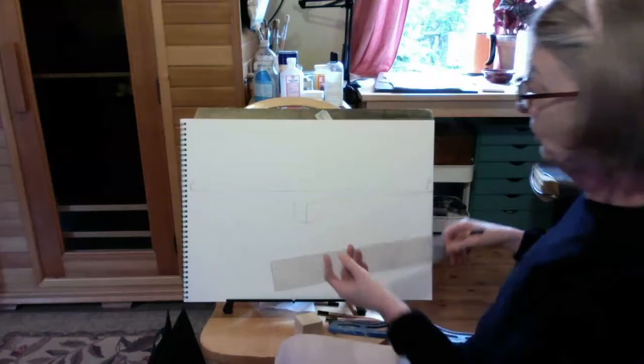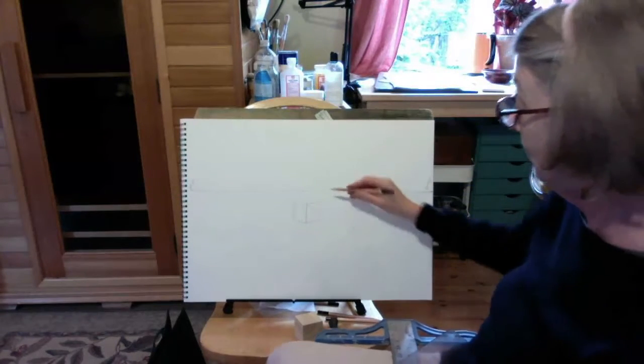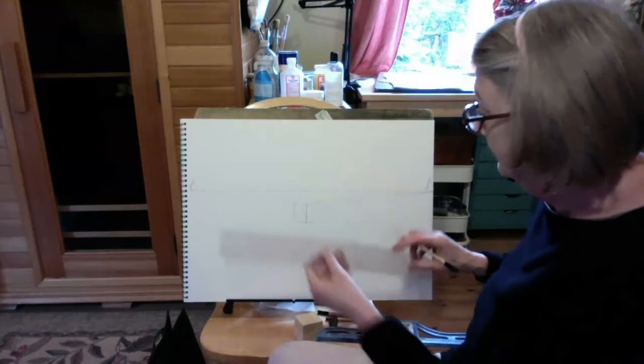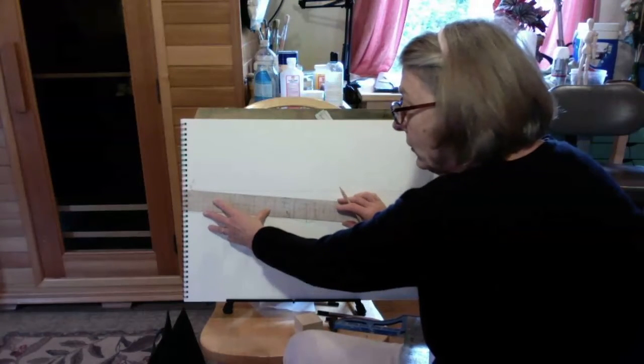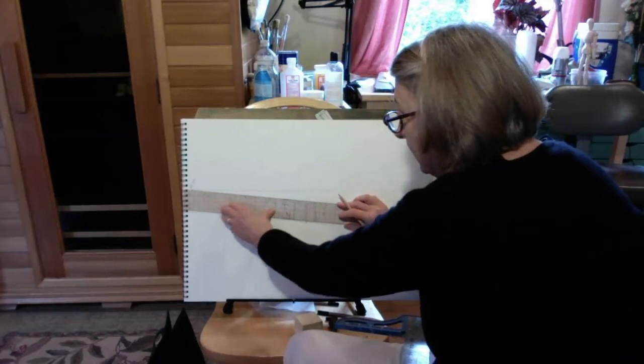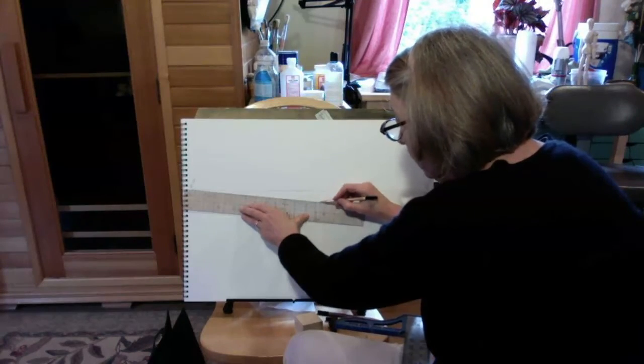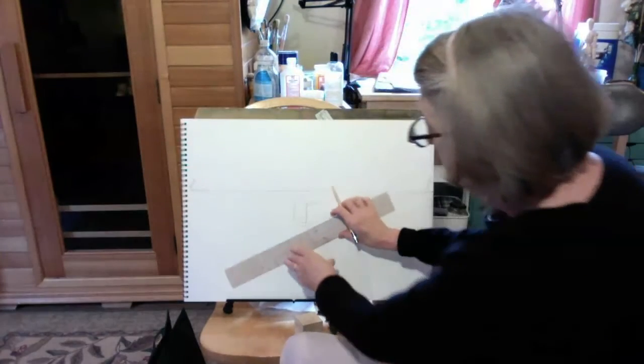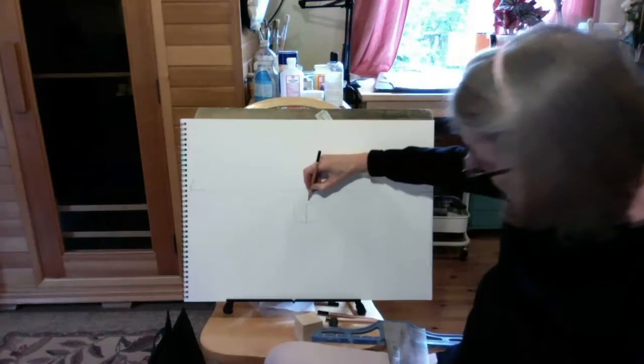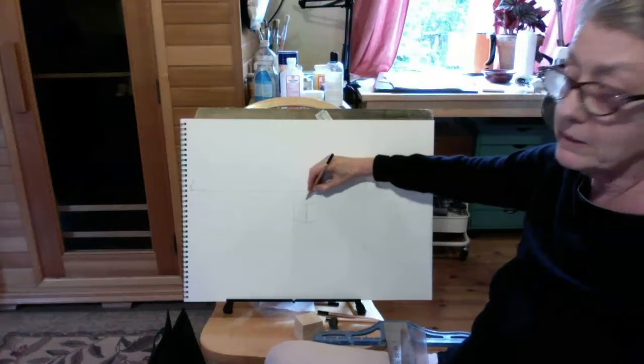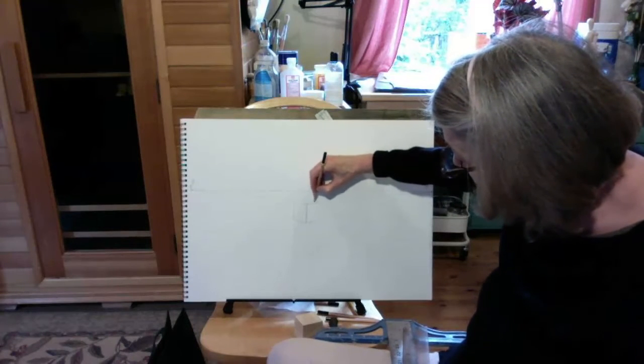It doesn't seem logical, but it is. That's the point. It is logical. It just doesn't fit with our knowledge of the object. Now see how flat the top of that box looks, but that's accurate.